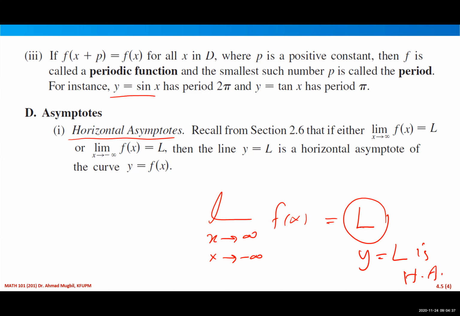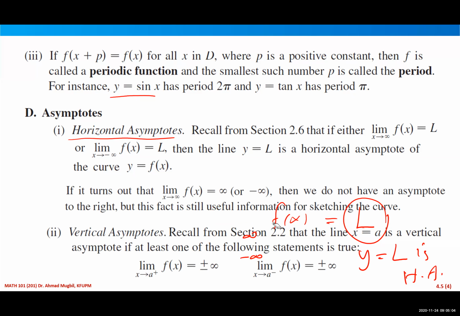Even if it is not L, by the way, it is helpful. If, for example, you got that f of x when x goes to infinity is infinity, this is also helpful information. This tells you that when x goes to the far right, the function will go to infinity, far up. So this will also help you when you sketch the graph. You will have an idea about the end behavior of the function.